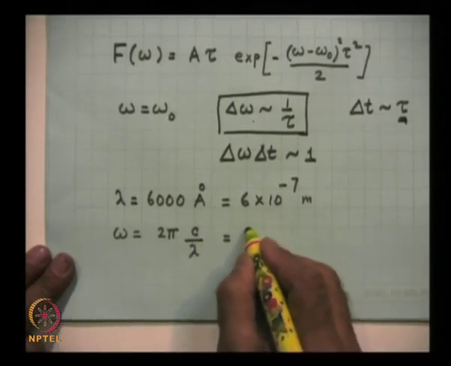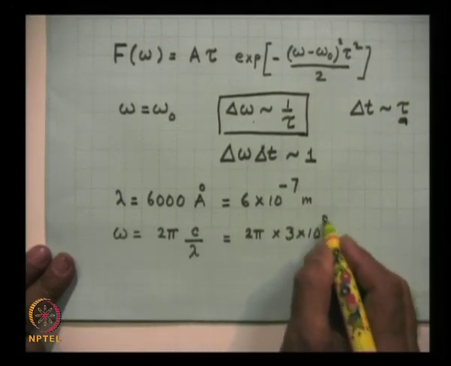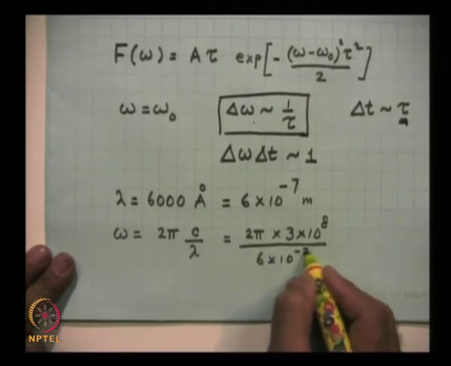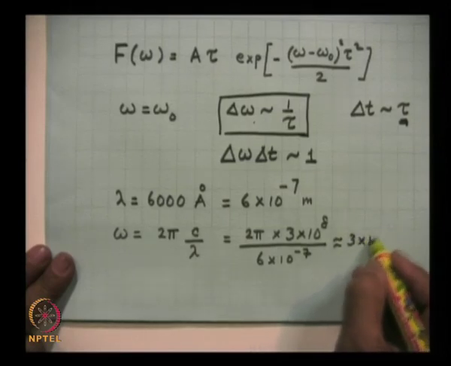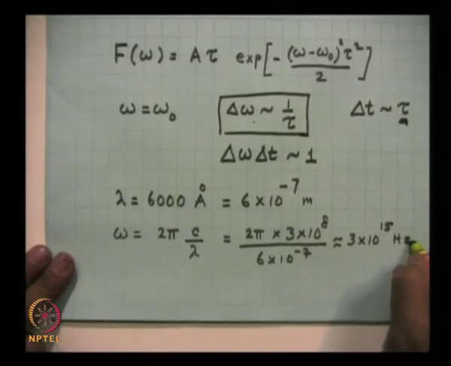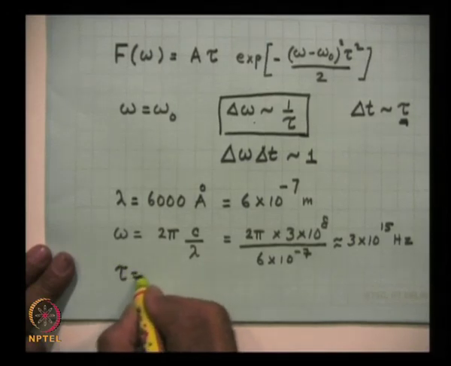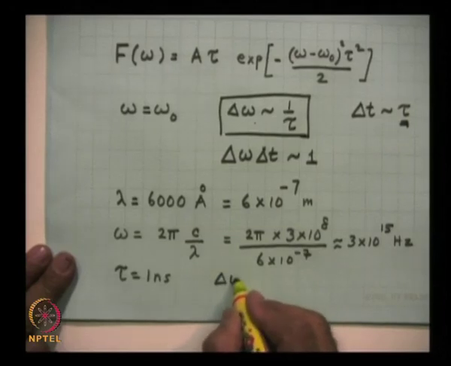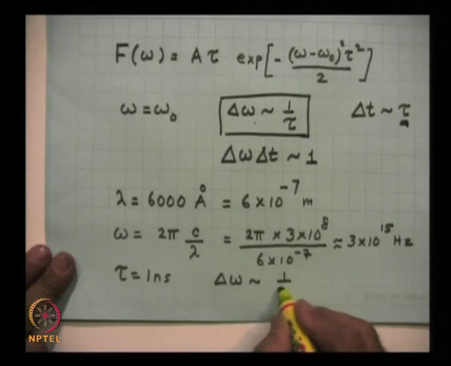So, this will be 2 pi into 3 into 10 to the power of 8 divided by 6 into 10 to the power of minus 7. This will come out to be about 3 into 10 to the power of 15 hertz. And let us suppose I have a 1 nanosecond duration pulse. So, the frequency spread delta omega is of the order of 1 over tau.